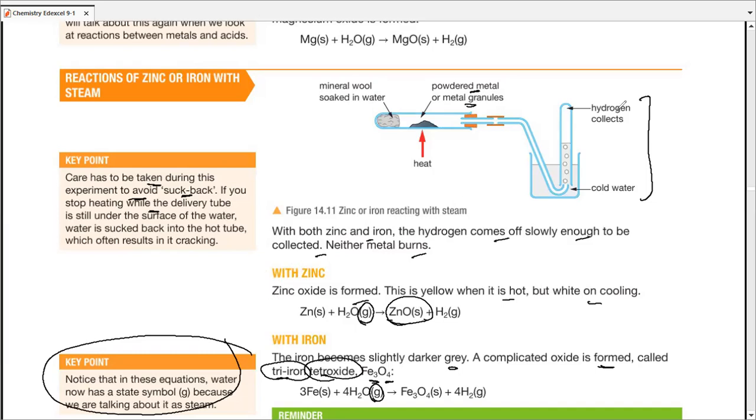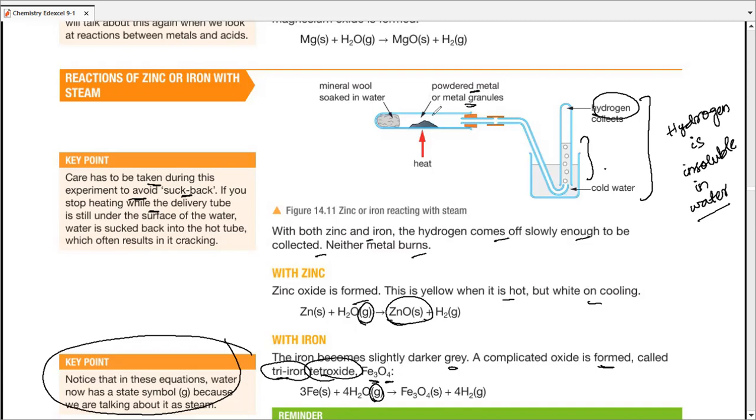Okay. Now, hydrogen is collected over water because hydrogen, and you might want to write this down in your book, is insoluble in water. So it won't dissolve in water. Collecting it over water will not be a problem. Actually, collecting it over water is some kind of an advantage.